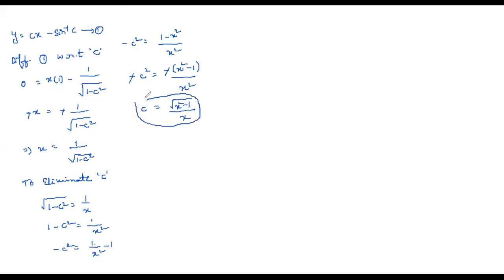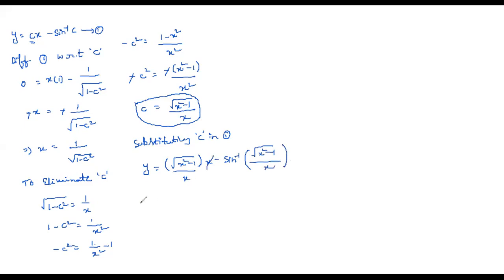Now we need to eliminate this c, which means we substitute c in equation 1. Then y is equal to square root of x square minus 1 by x, into x, minus sine inverse of square root of x square minus 1 by x.